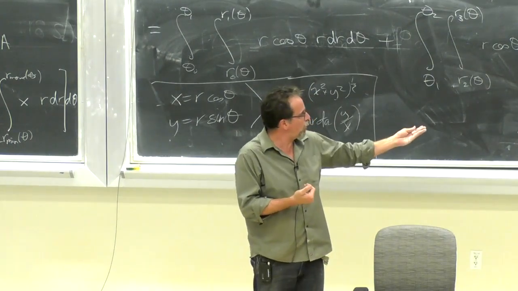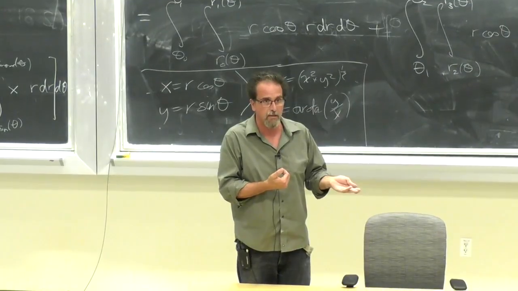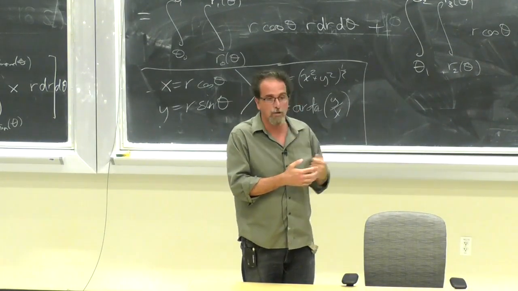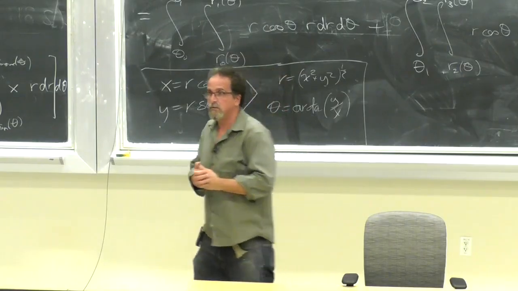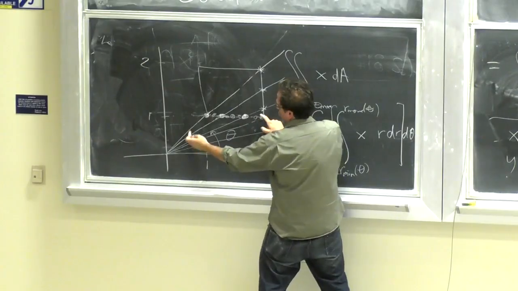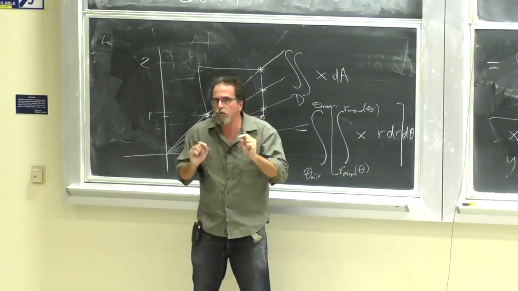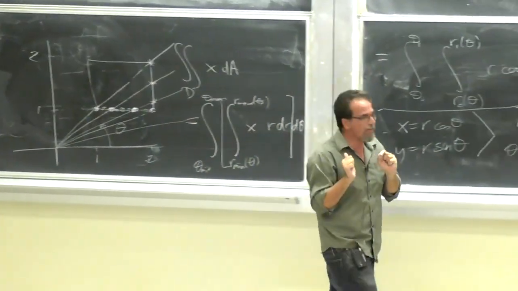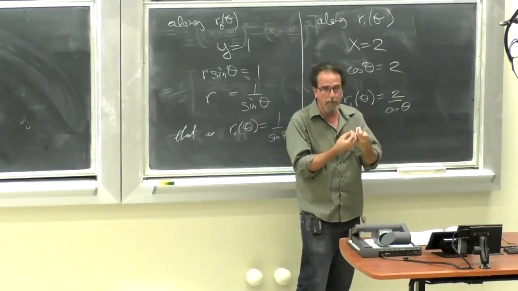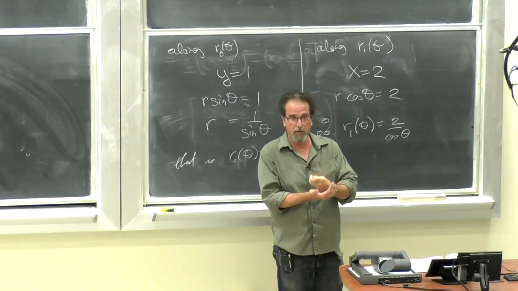If r0 of theta is 1 over sine theta and r1 of theta is 2 over cosine theta, those curves intersect where those two r's are equal. Does that make sense? Because the r coming from the lower one has the same r as coming from the upper one. So the r's are equal over there. That's the way I want you to think about it. That's how you find that point. It'll amount to the same thing, but when you have more complicated expressions, this process is more generalizable.